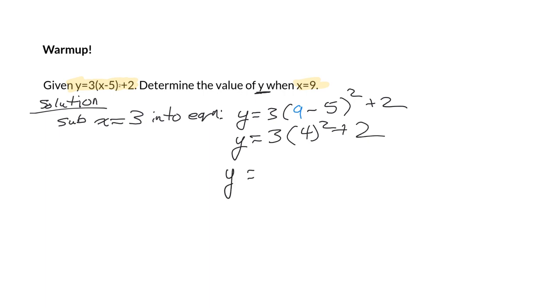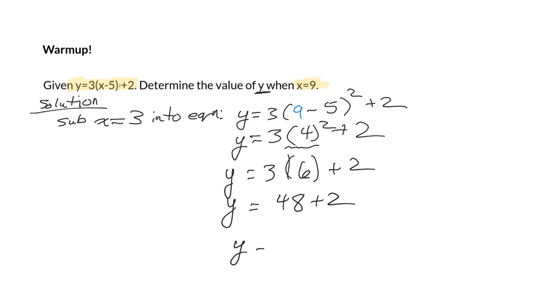Well, 4 squared is 16. So we have 3 times 16 plus 2, which is 48 plus 2, and y ends up being 50.